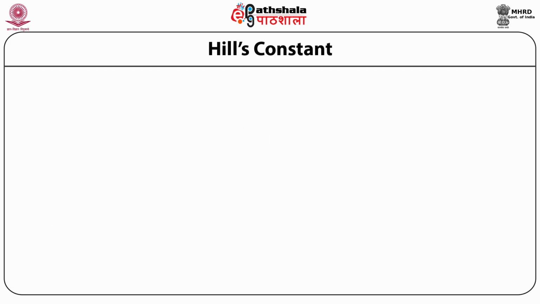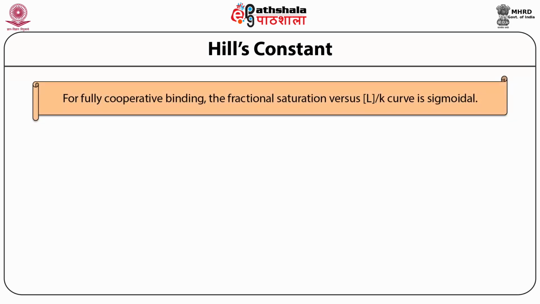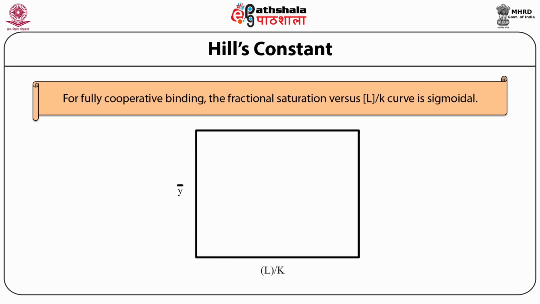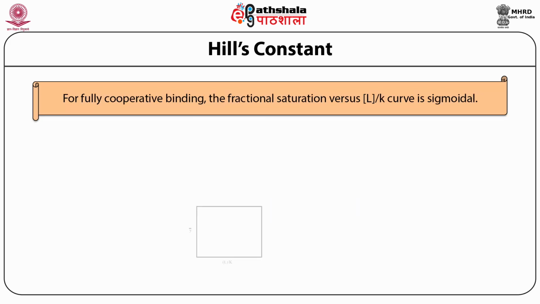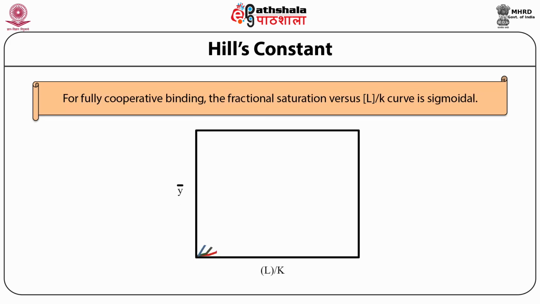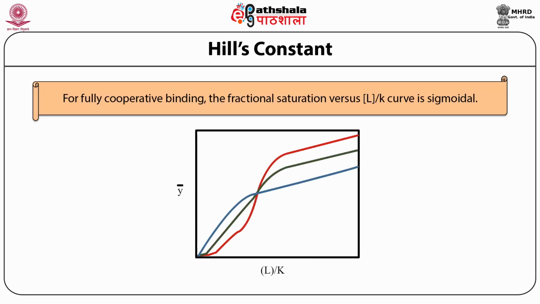So this shows you the plot between fraction of bound protein versus L divided by K. This is for a protein with 4 independent binding sites. If we take alpha H equal to 1, then you can see that this is a hyperbolic curve.